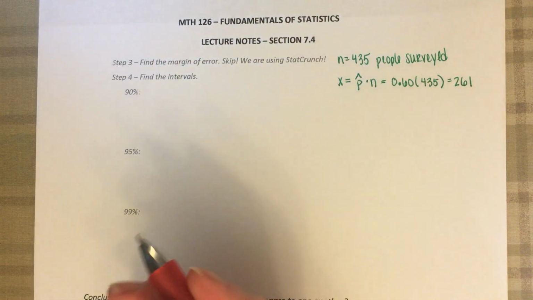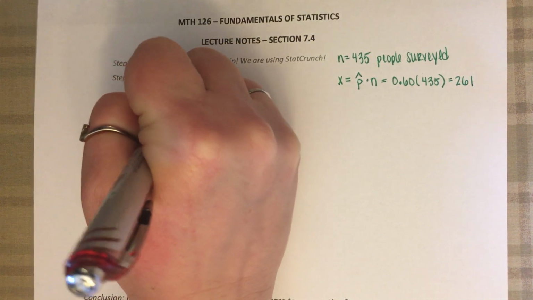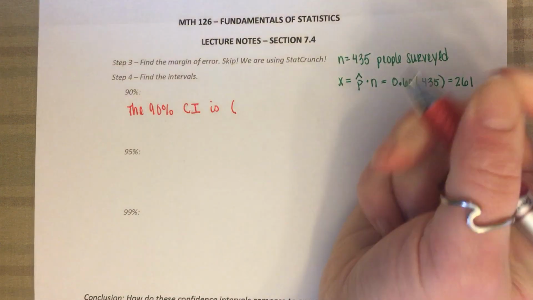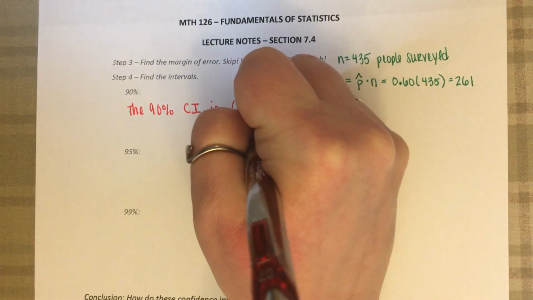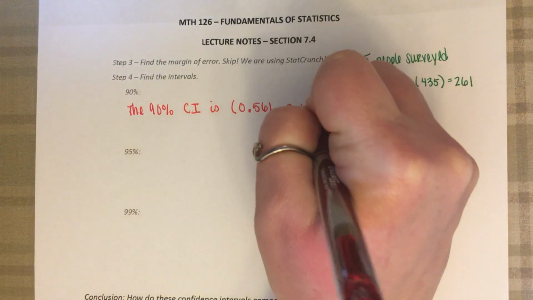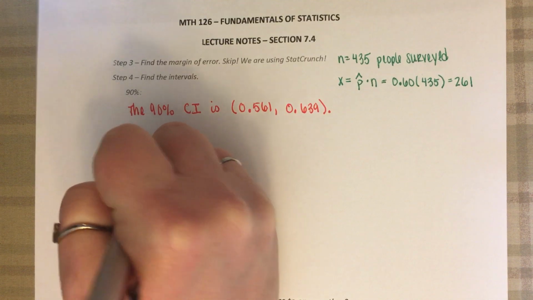Then using StatCrunch, the 90% confidence interval that's generated is 0.561 to 0.639. Then we can use StatCrunch again.